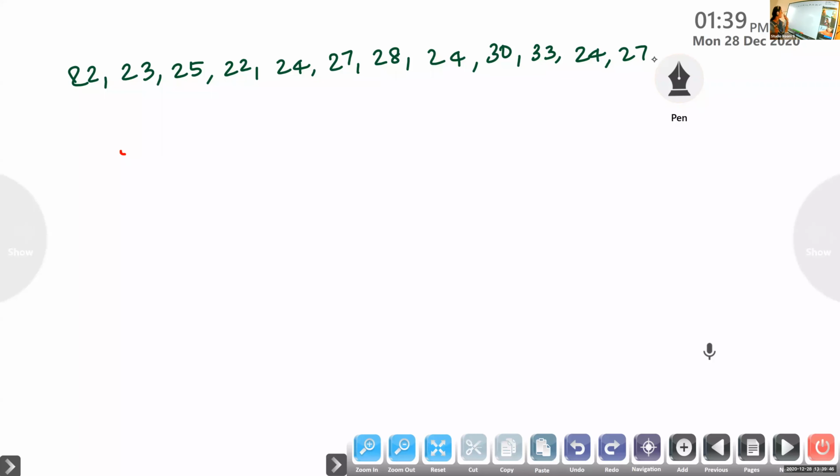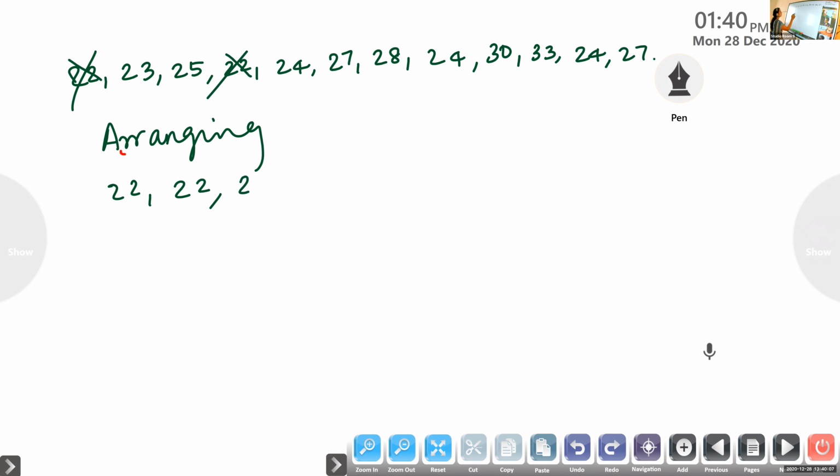So for ungrouped data, the first step is to arrange in ascending order. When you arrange it, 22 is the first one, 2 times. Then 23 comes 1 time.